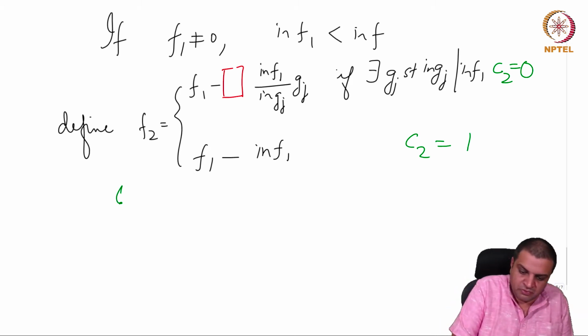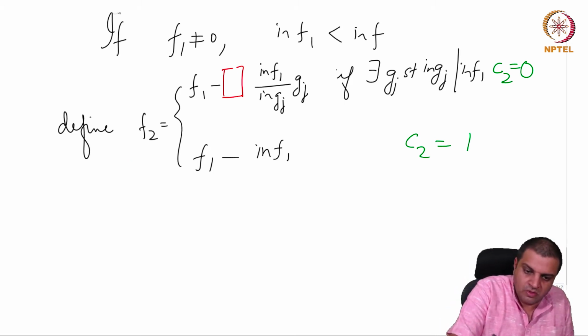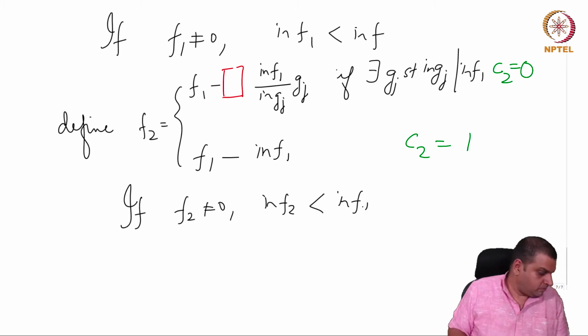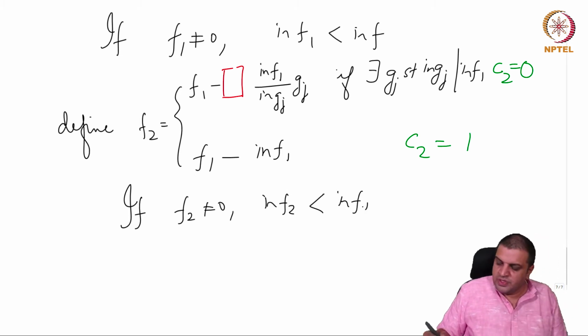So repeat this, and then we ask if f2 is non-zero and so on. If f2 is non-zero, the initial term of f2 is less than the initial term of f1. Now we saw this proof earlier.